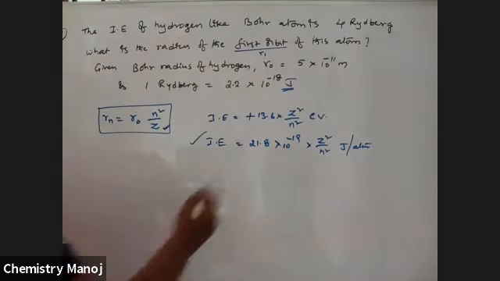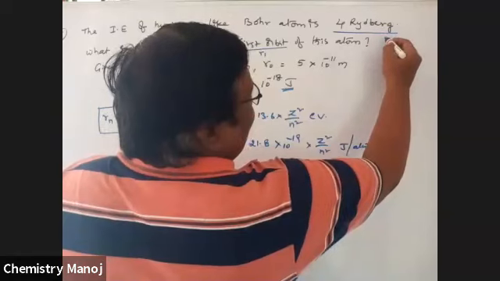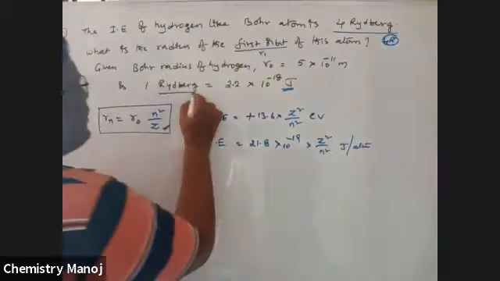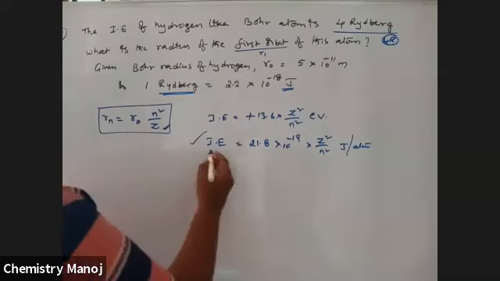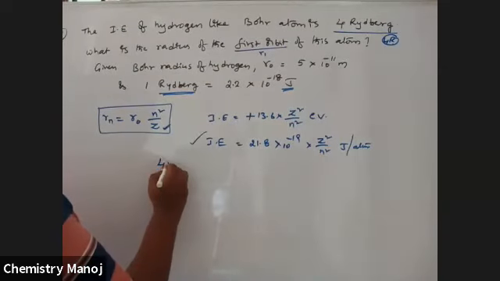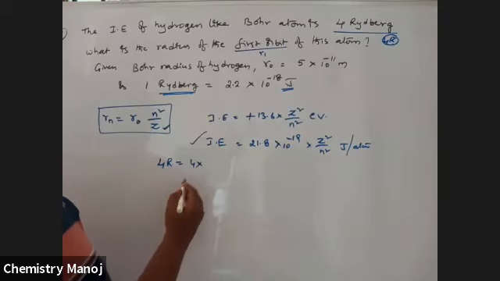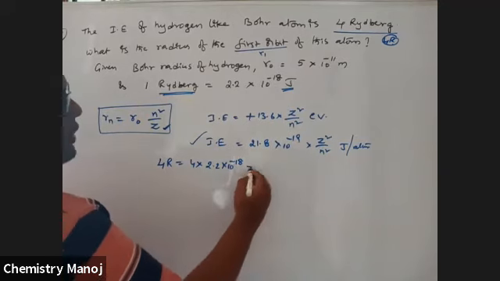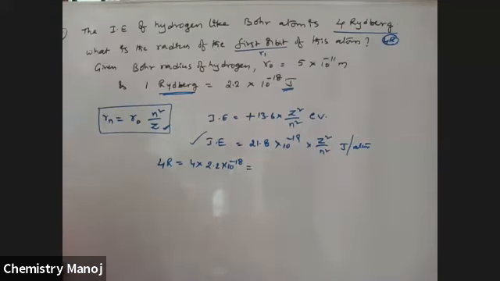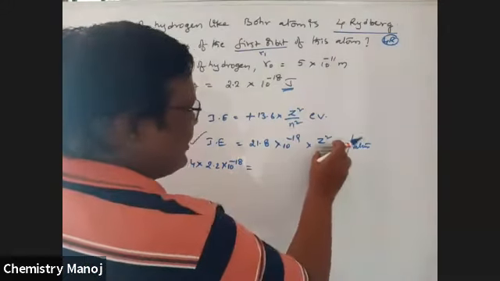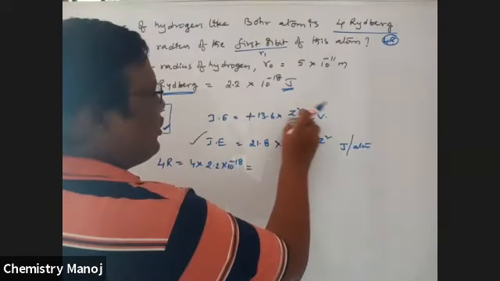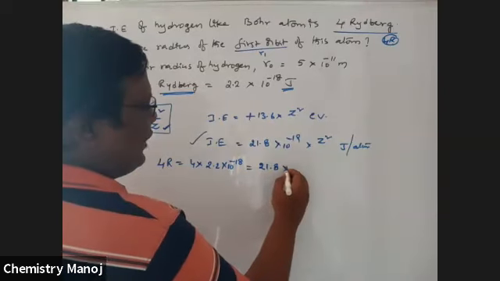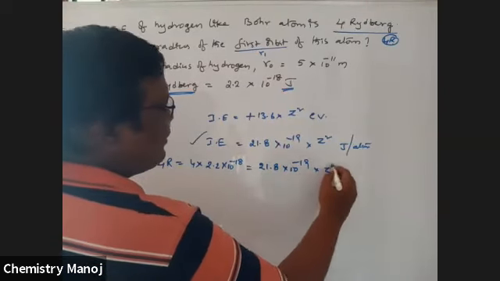Now, ionization energy is given as 4 Rydberg, and 1 Rydberg is equal to this much. Therefore, ionization energy is equal to 4 into 2.2 into 10 power minus 18, which is equal to 21.8 into 10 power minus 19 into z square. Here we don't take the n value, it is just z square only.